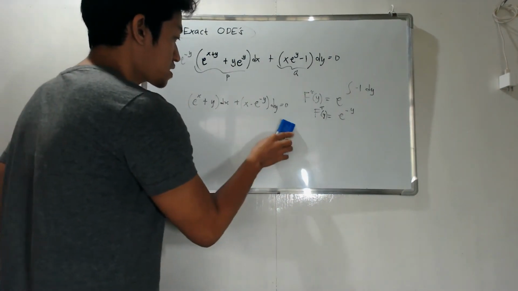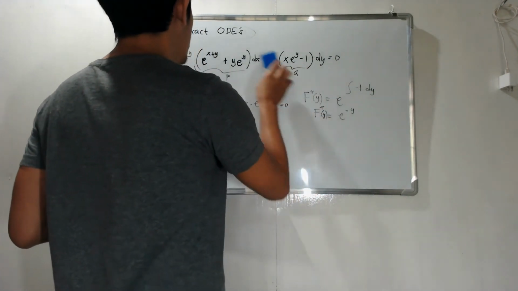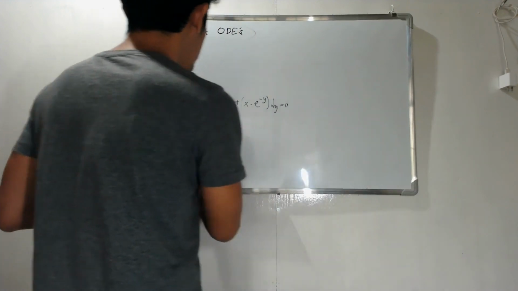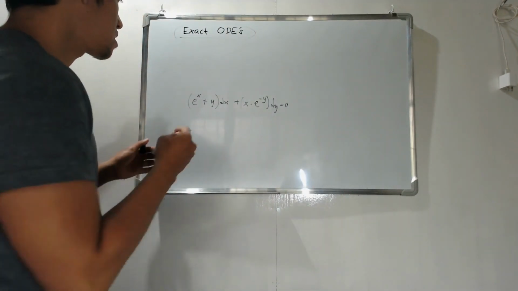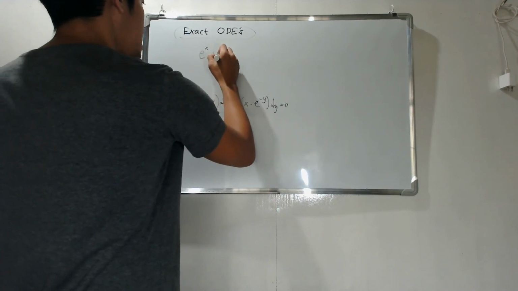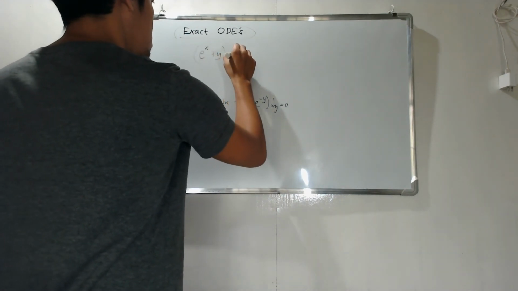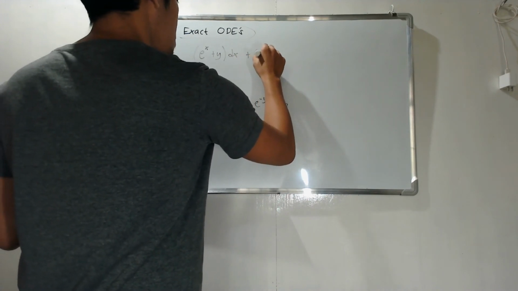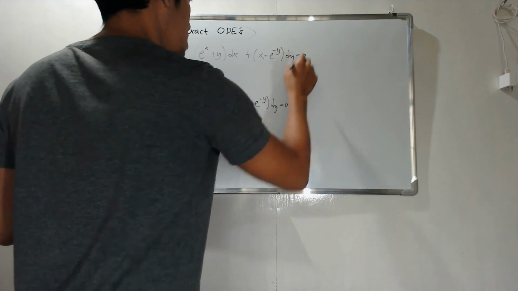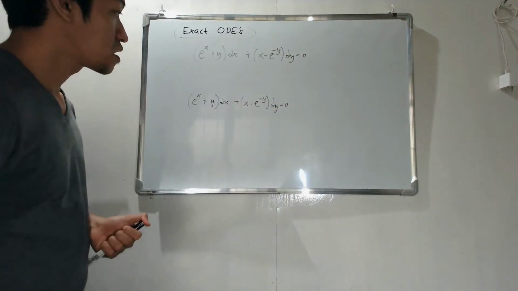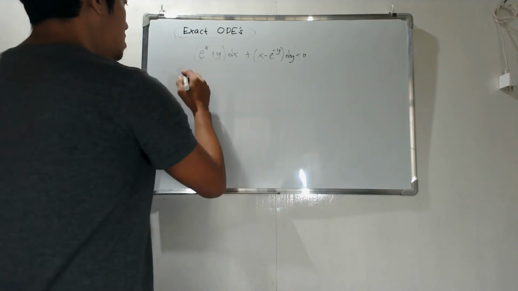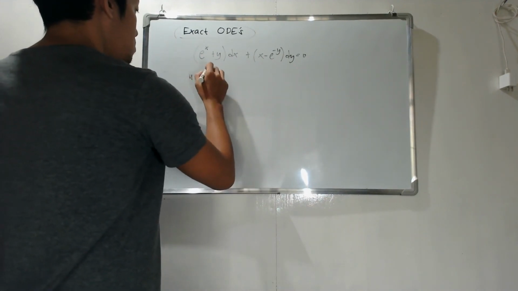And once you get this one, we proceed in getting the general solution. Again, u is equal to the integral of M dx plus k of y.